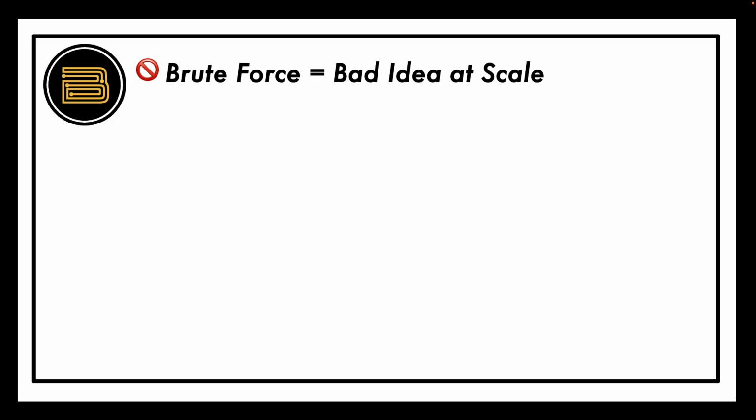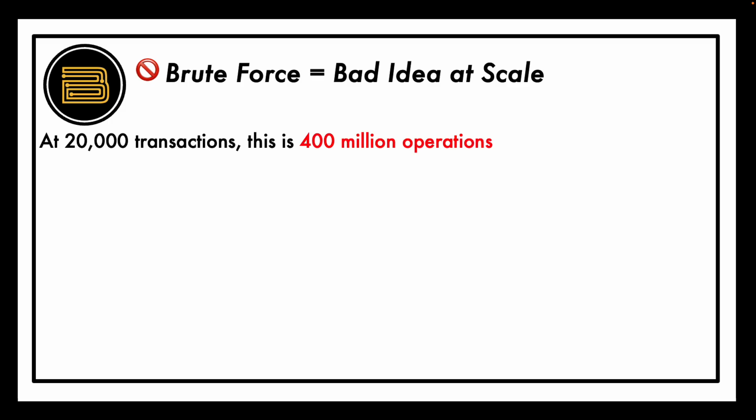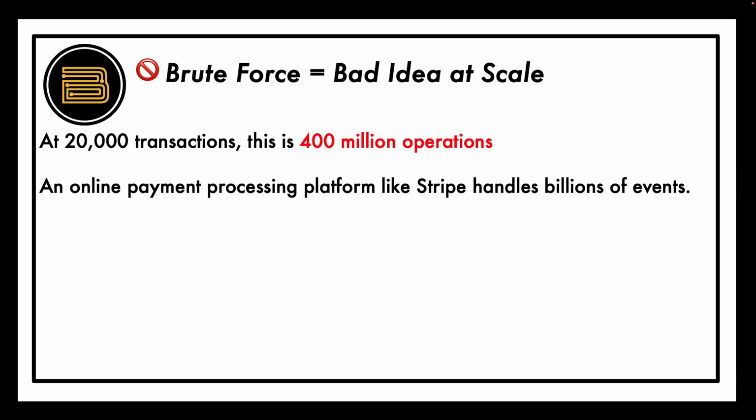So now that we have implemented the algorithm and seen the code running, it is very important to understand why brute force is a bad idea at scale. So we have 20,000 transactions that we are comparing against each other over and over again with a nested loop. So what we're saying at this O of n squared in terms of time complexity is that we are performing about 400 million operations.